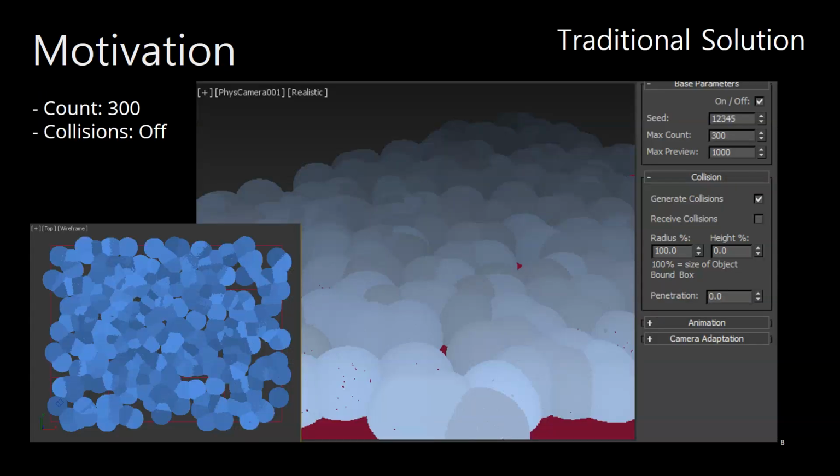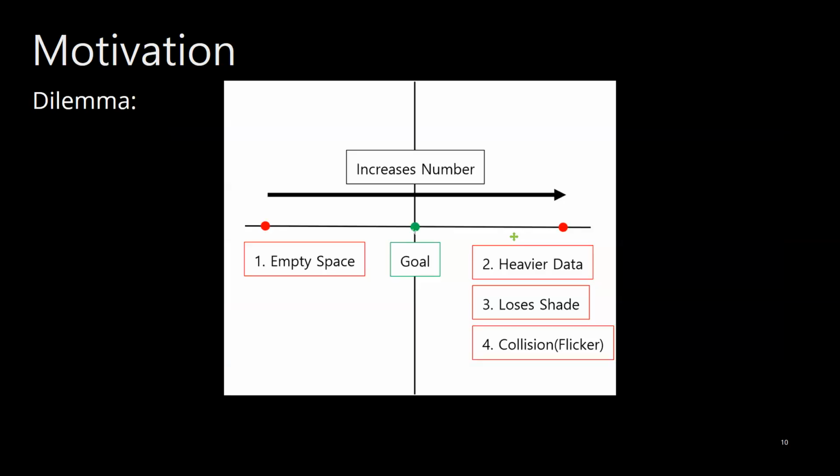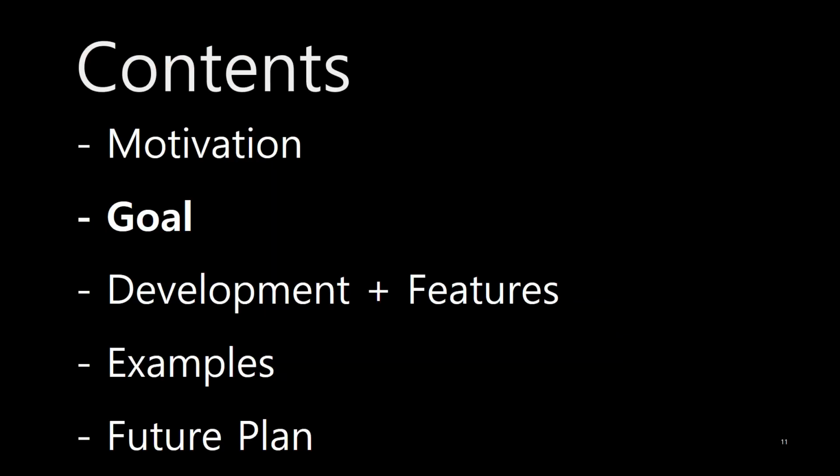For example, when there's a collision, we can remove collided geometries, but then we have more empty space as much as they are removed. So when there are more, we have more problems too.